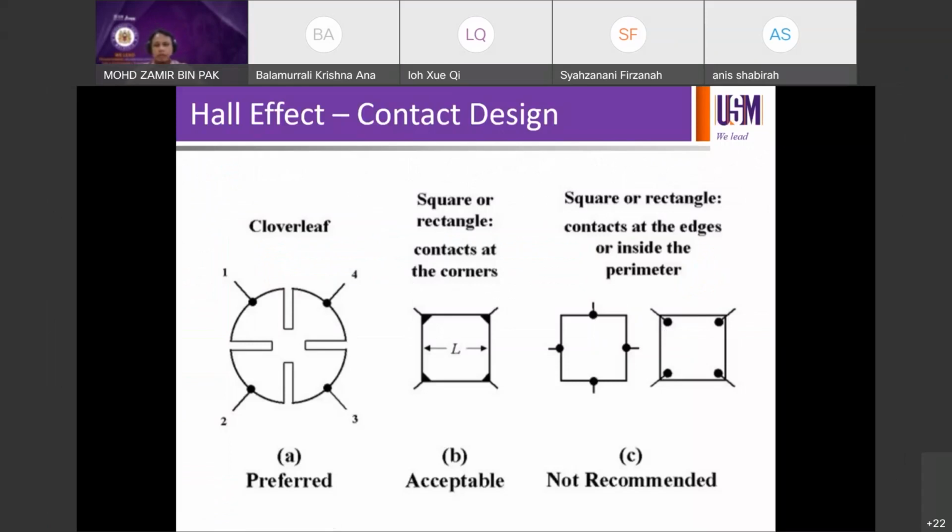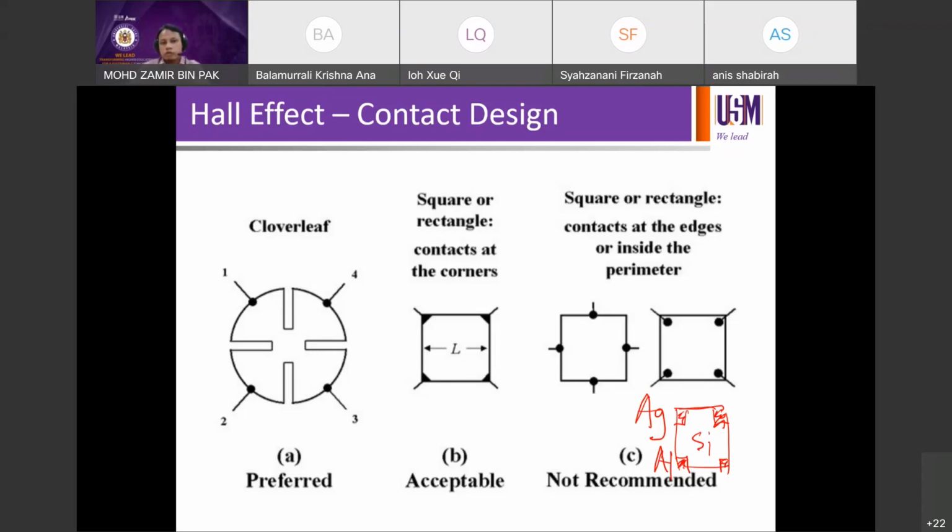Right, sorry for that. Okay, so you need to incorporate the contacts on the side. For example, if this is silicon, you normally use either aluminum contacts or silver contacts. These contacts can be deposited on the silicon by, say, a sputtering process, evaporation, or some other process.